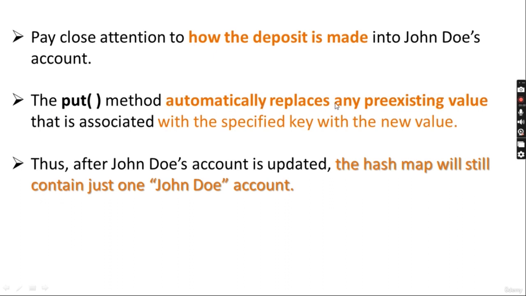This automatically replaces any pre-existing value with the new value for the specified key. After John Doe's account is deposited, the new value is shown, and because the old value is overwritten, there is still only one John Doe account.